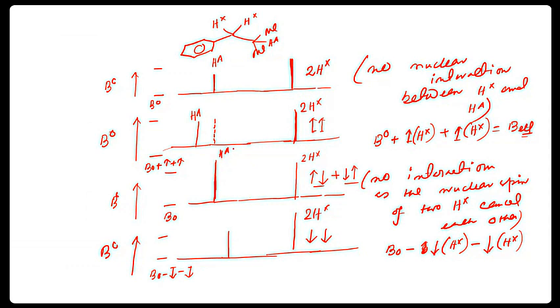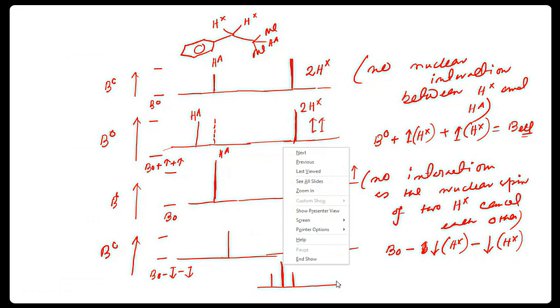Now if I sum these up, what will be the resultant? This is the first peak, this is the second peak with double intensity, and this is the last peak with the same intensity as the first. This is nothing but a triplet.